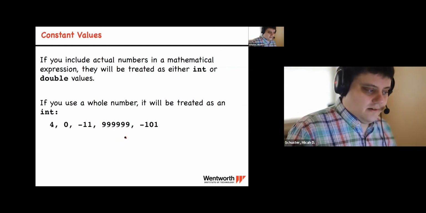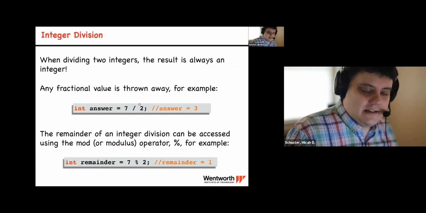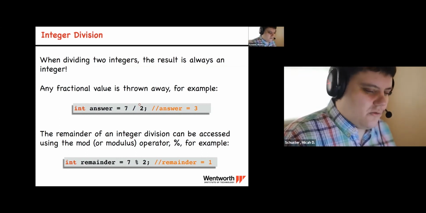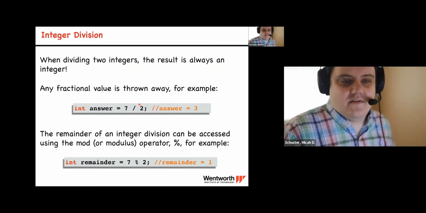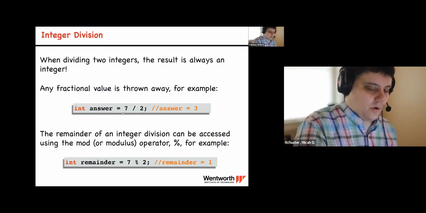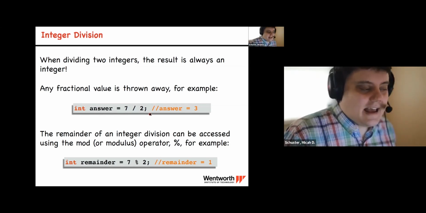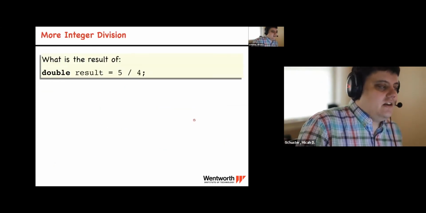So up here, if you want integer division, the 2 needs to be an int. If you want regular math class division, then you'd probably want 2.0, for instance. So we're going to go over a few examples of what you can do and what result you would get based on a calculation that you would do.